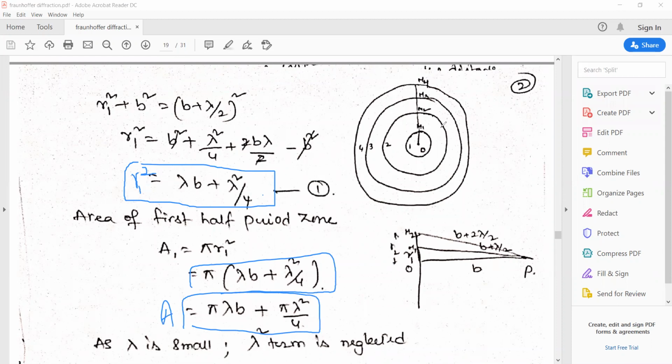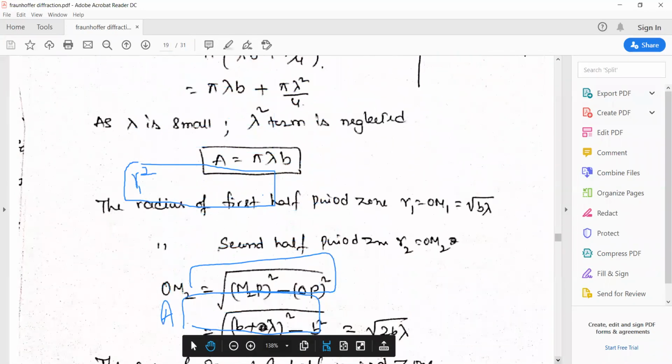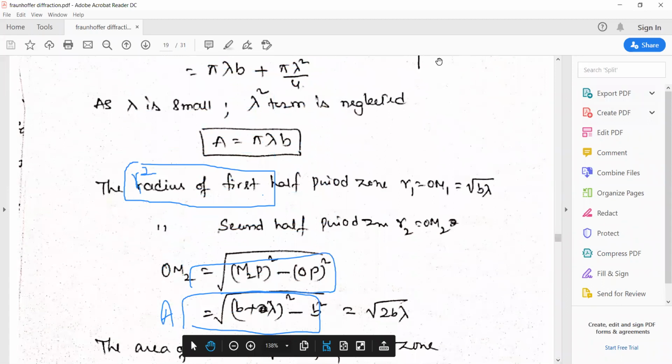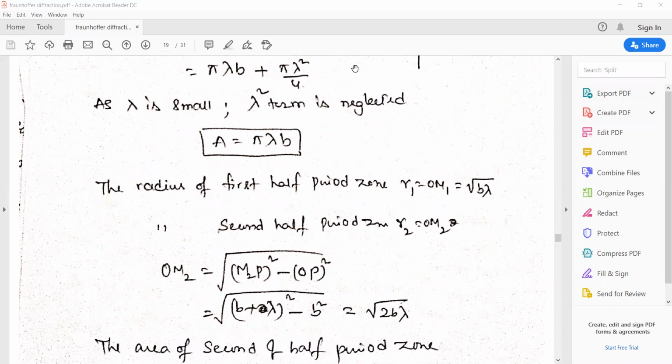Since lambda is a very small value, lambda square term will be neglected. Why is it neglected? Any idea? Since lambda value is very small, let's take lambda value as 0.01.